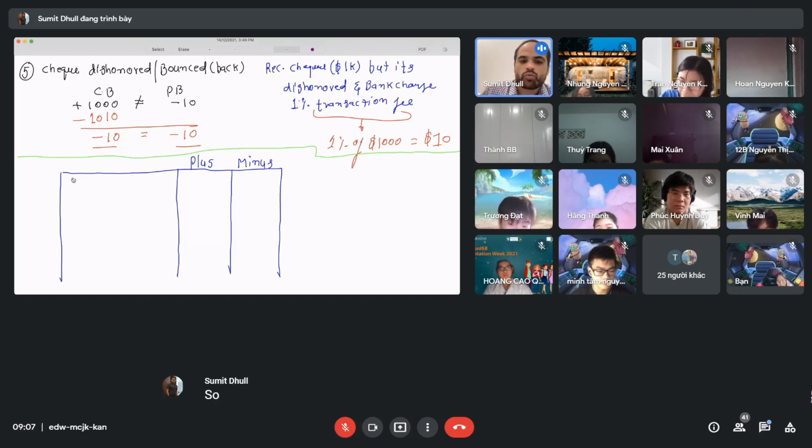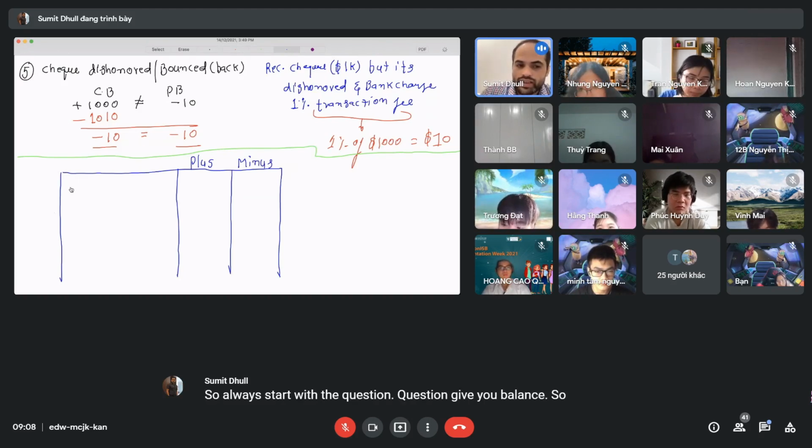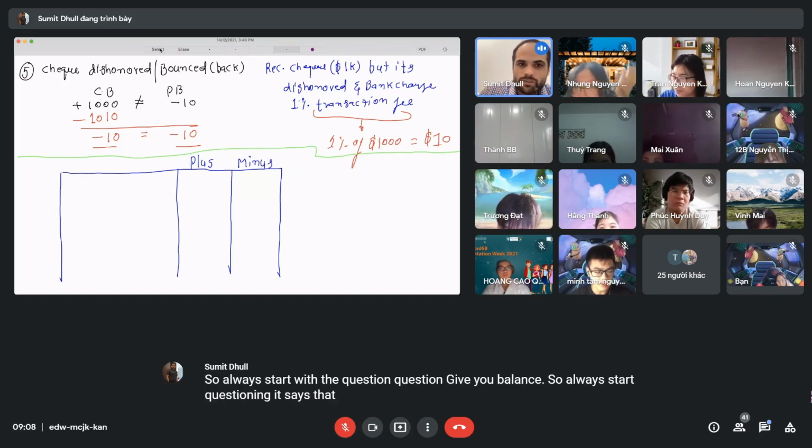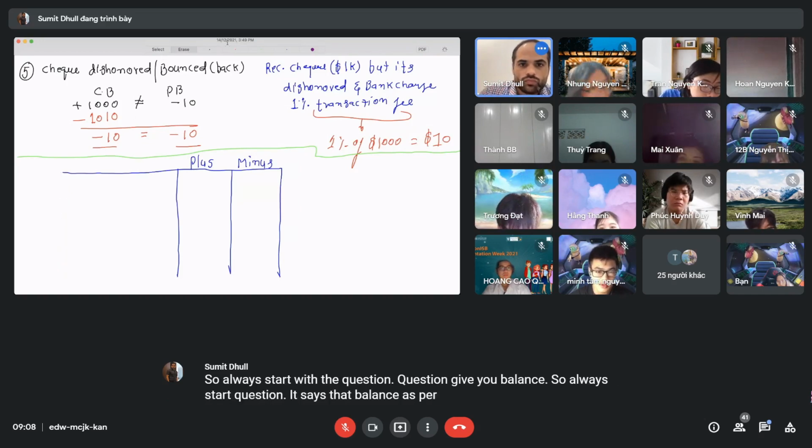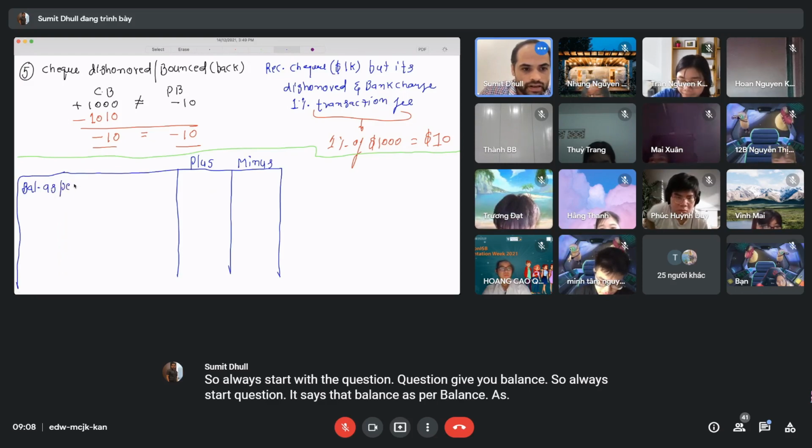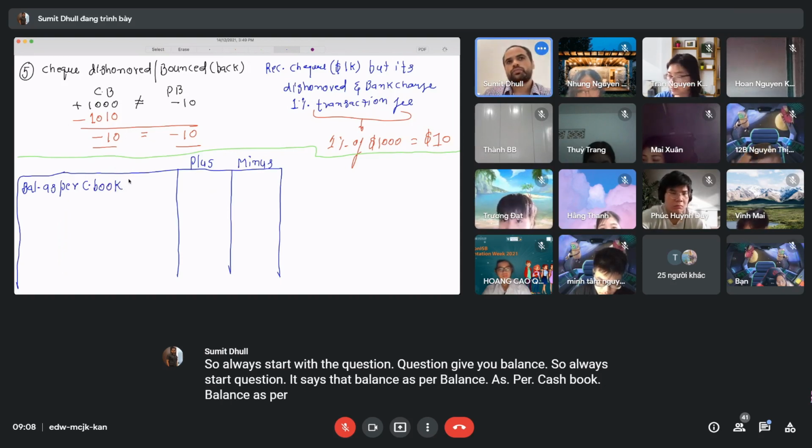So always start with the question. The question gives you a balance, so always start with the question. It says balance as per cash book.